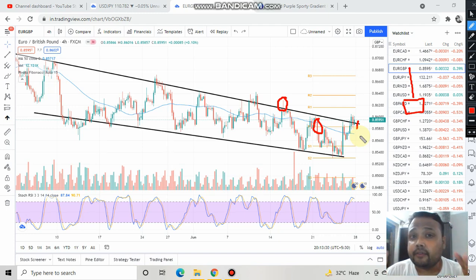We just need to wait for the perfect opportunity, and for that, wait for the market to open on Monday and just observe the price.